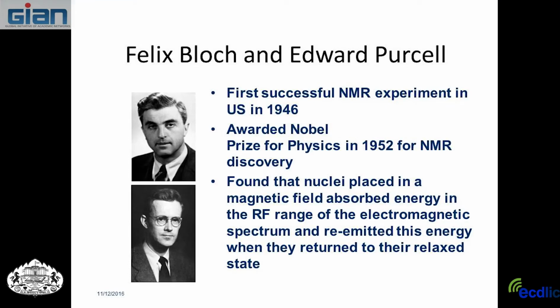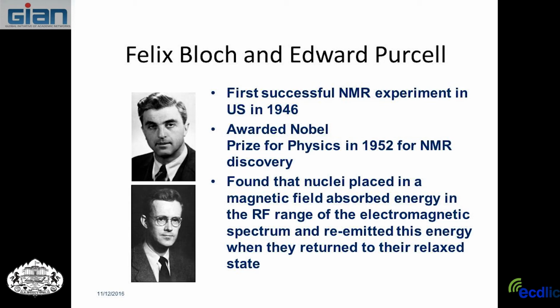So Felix Bloch and Edward Purcell were the first to use NMR techniques in 1946. They were awarded Nobel Prizes for physics in 1952 for the discovery of NMR, and NMR is nuclear magnetic resonance.